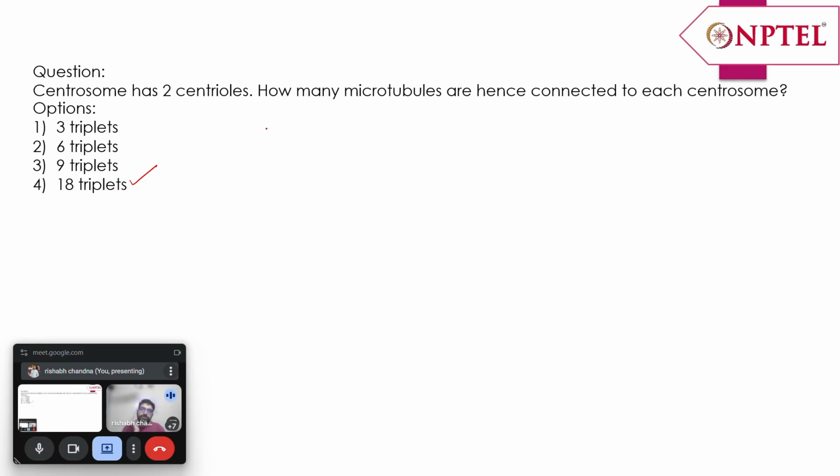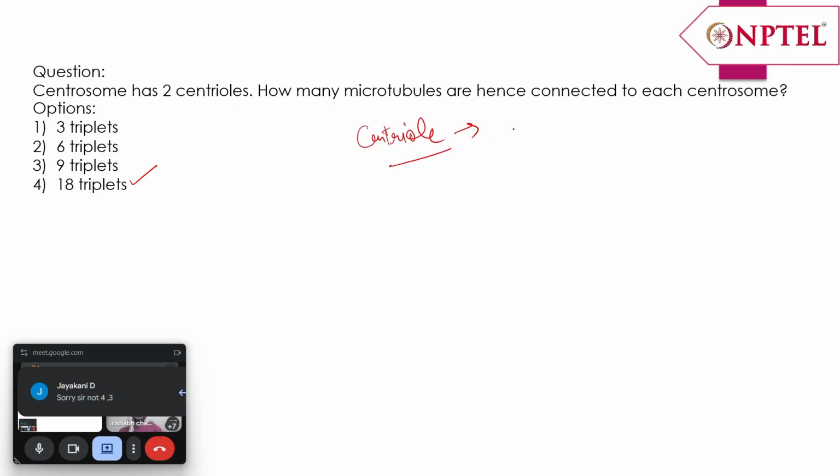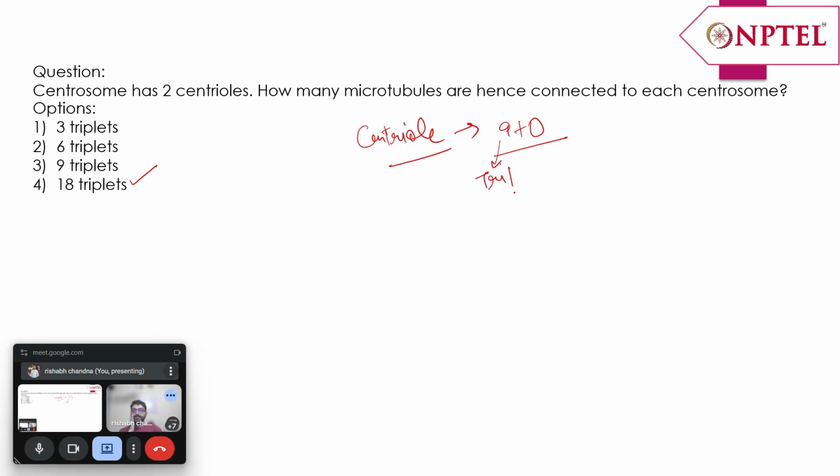In the case of a centriole, it is made up of an arrangement of 9 plus 0, and this 9 is arranged in triplets. This is for only one centriole.